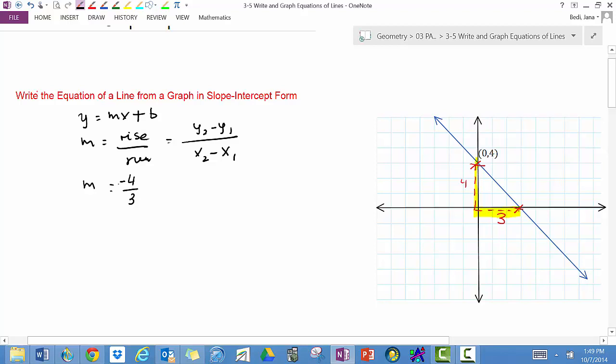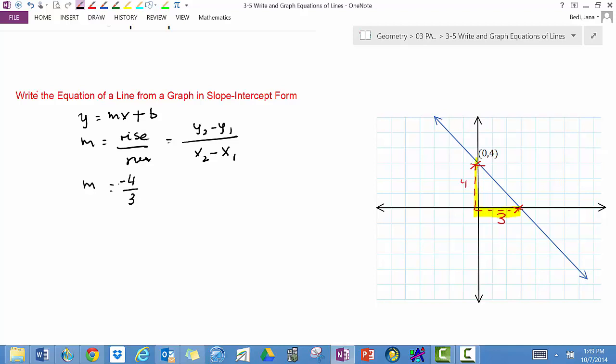A line that slopes from top left to bottom right has a negative slope. A line that goes up from bottom left to top right has a positive slope. So this line has a negative slope. And slope is another way of stating rate of change.